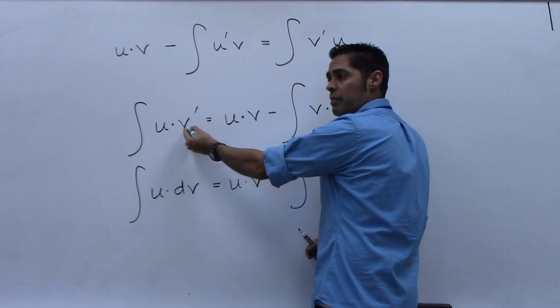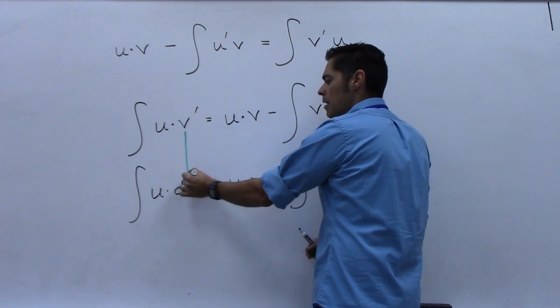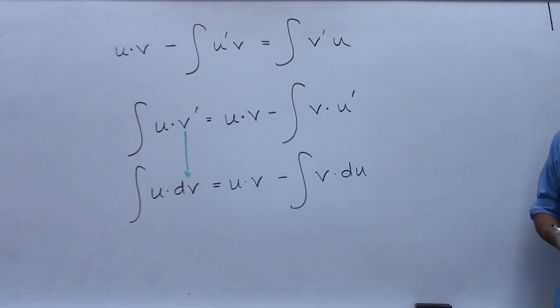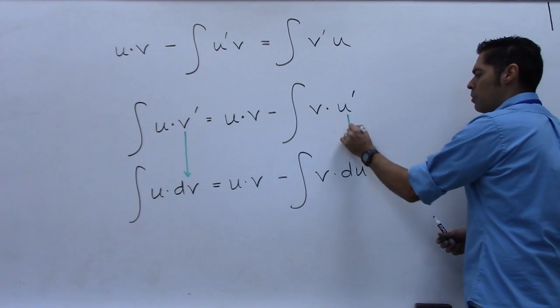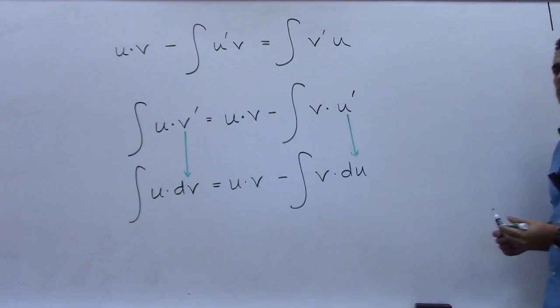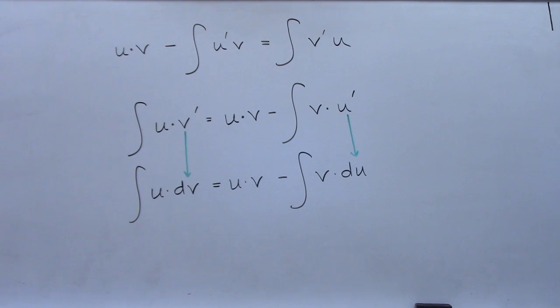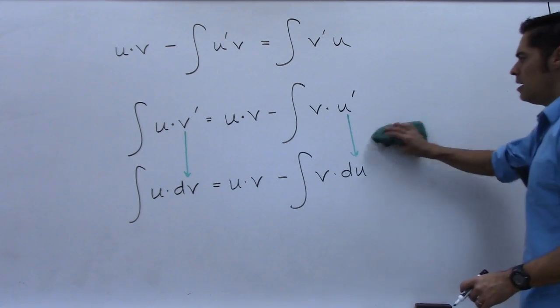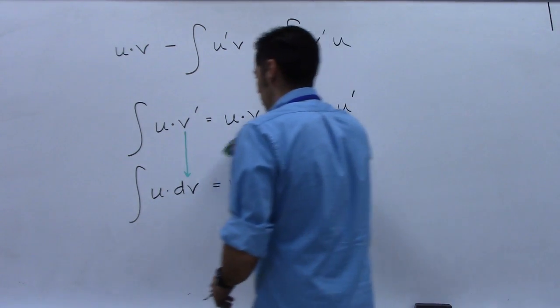That meant the derivative of v. I'm going to write dv, which also means the derivative of v, right? And over here, instead of writing u prime, I'm writing du. So nothing has changed, just the way I'm writing it, notation-wise. Okay, this right here is the integration by parts formula. This is it.